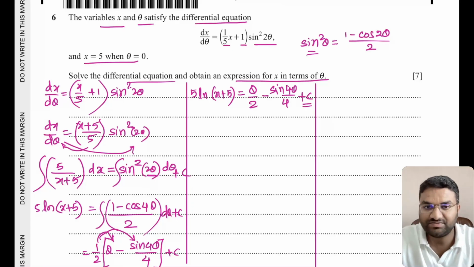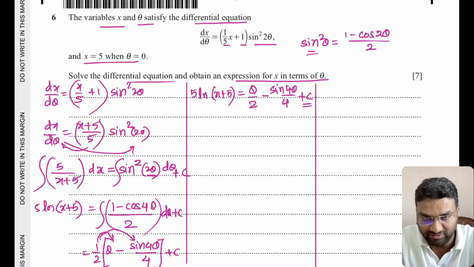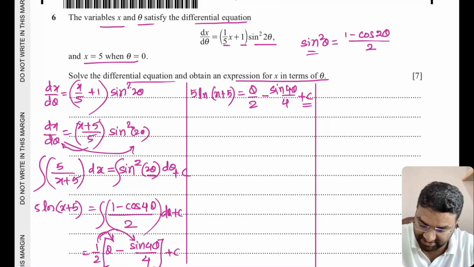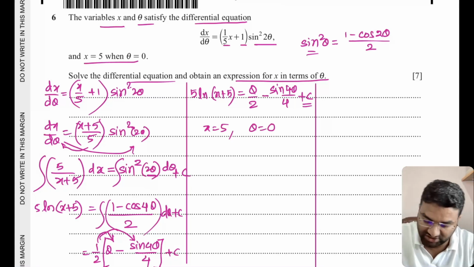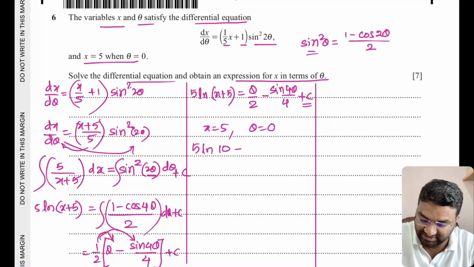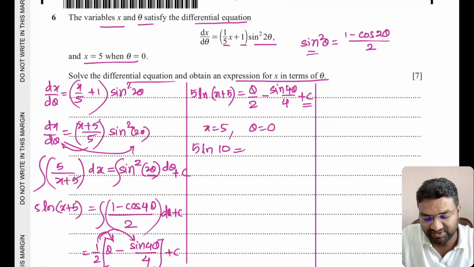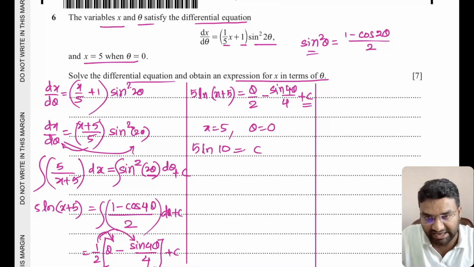To figure out c, we have to put in the initial conditions: when x is equal to 5, theta is 0. So it's 5 ln of 5 plus 5, which is 10, is equal to theta is 0, sine of 0 is 0. So c is equal to 5 ln of 10.